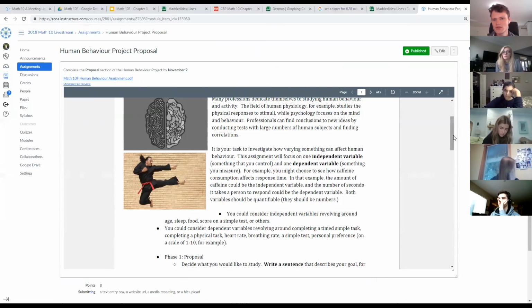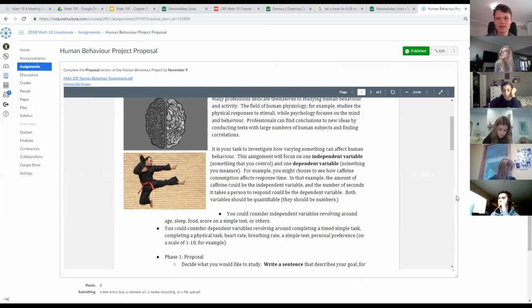For example, you might choose to see how caffeine consumption affects response time. In that example, the amount of caffeine could be the independent variable, and the number of seconds it takes a person to respond could be the dependent variable. Both variables should be quantifiable, and that just means that they should both be able to be measured.